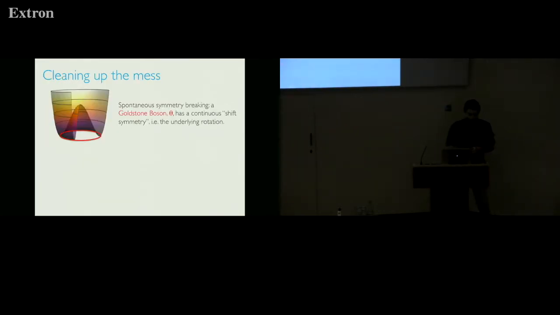So if you remember, a favorite tool of particle physicists is spontaneous symmetry breaking. So with spontaneous symmetry breaking, you have this wine bottle potential, and it has a rotational symmetry, but the ground state is here, and for the ground state, you have to pick a particular field configuration, which spontaneously breaks the symmetry.